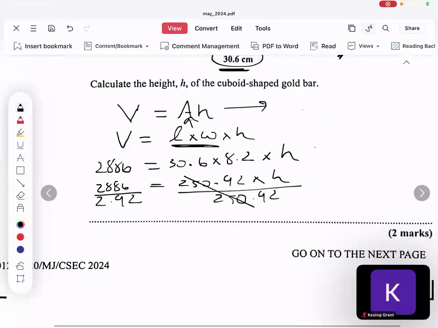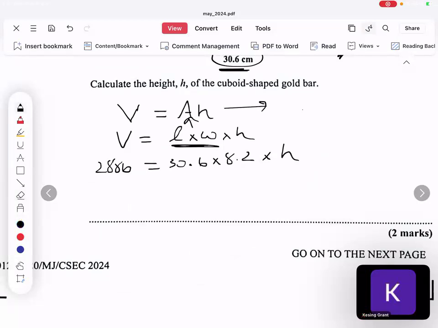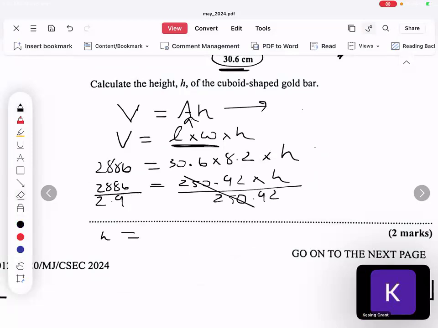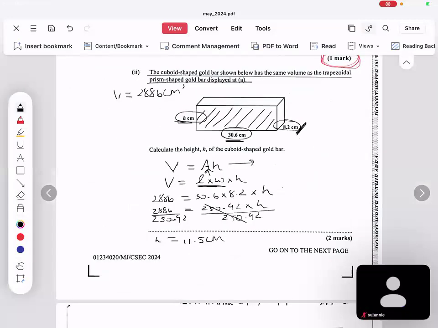So you end up with the height being equal to 2886 divided by 250.92. That is 11.5 centimeters. And that's it. That's why it was worth only 2 marks, guys, because of the working.